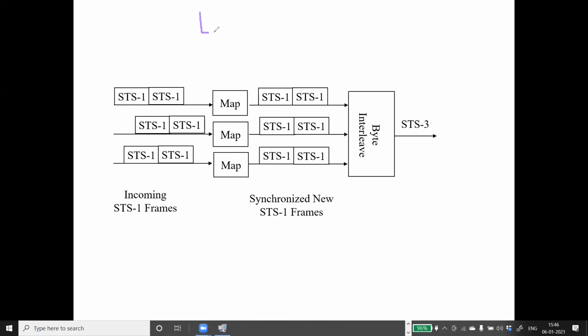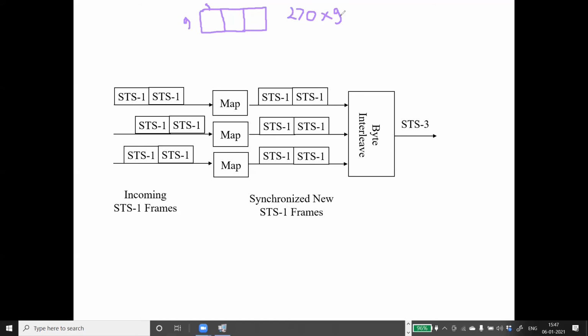This is one frame of 90 by 9. Next to it comes another 90 by 9. The rows have not increased, the columns are increasing. So this is your byte interleave. This is 9, this is always 9. This is 90 by 9, 90 by 9 and 90 by 9. So what is the size of STS3? 90 plus 90 plus 90 is 270, into 9. That is the size of STS3.